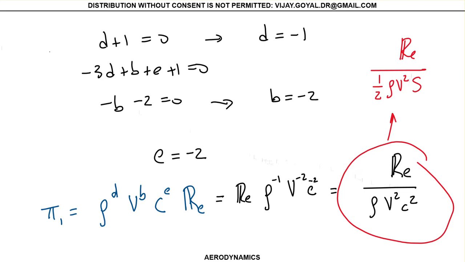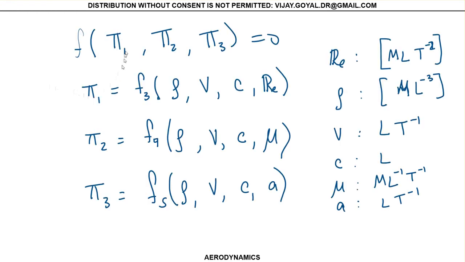Okay, so let's go to the second function that we had. Remember that we were solving this. We said this was a function of pi 1, pi 2, pi 3. Let's go with the second one, pi 2.